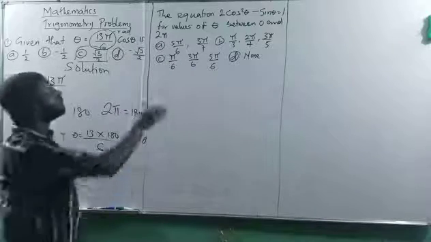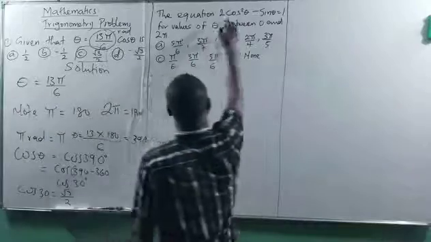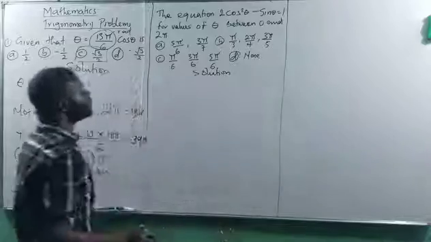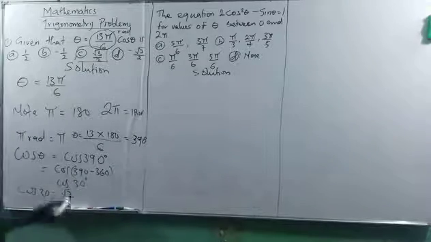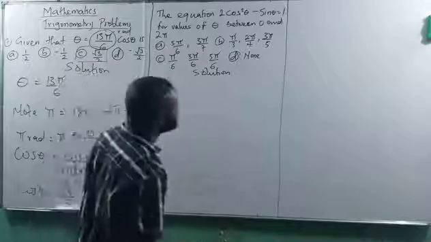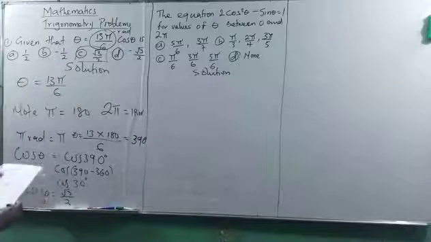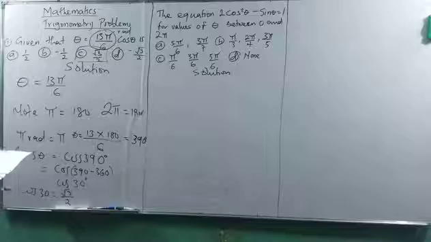Now look at this one, the equation 2 cos squared theta minus sine theta equals this. Once you have something like this, it's a very simple question that is very logical.